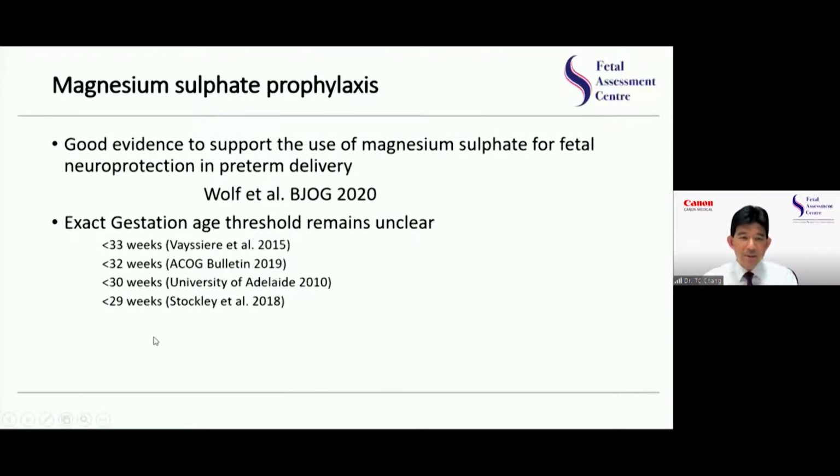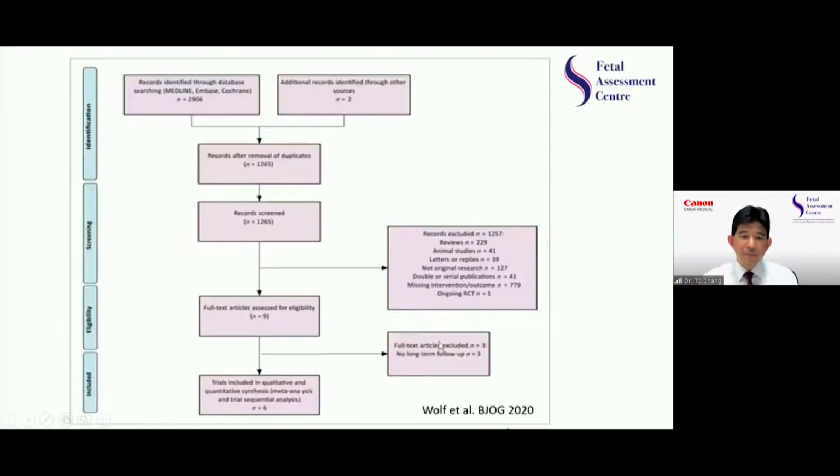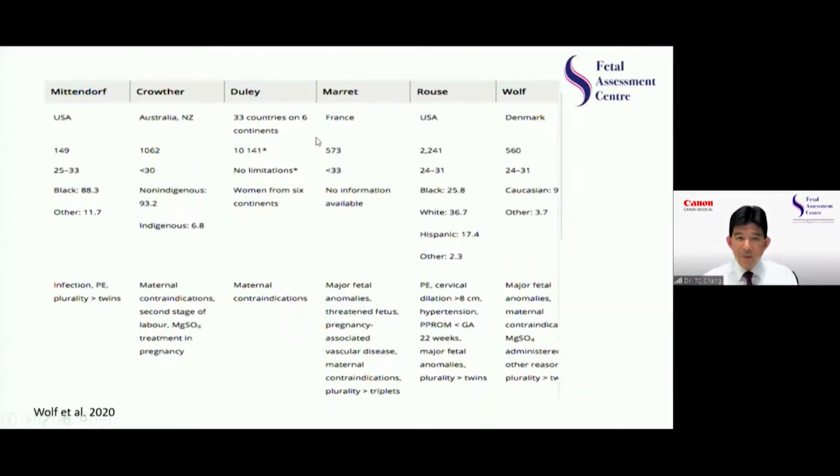Just to shed some light on this, the excellent meta-analysis published by Wolf and colleagues in the British Journal of OBGYN last year was a very extensive meta-analysis, looking at data primarily from 6 big studies.